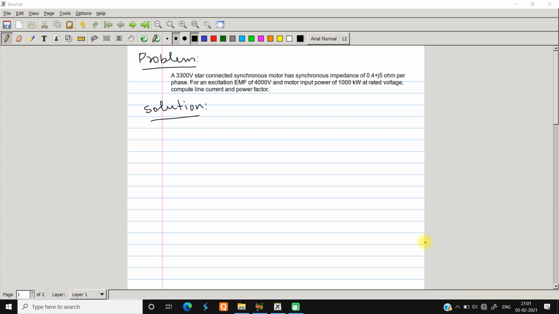So here the synchronous motor has been given.